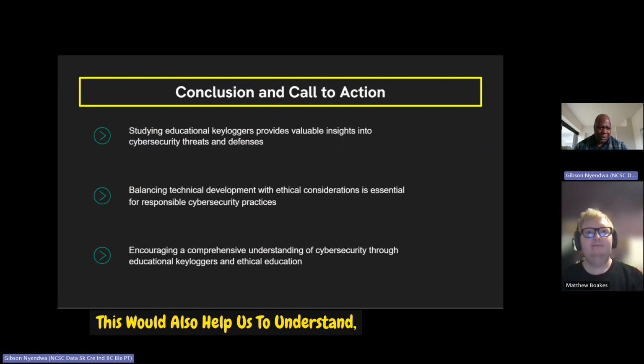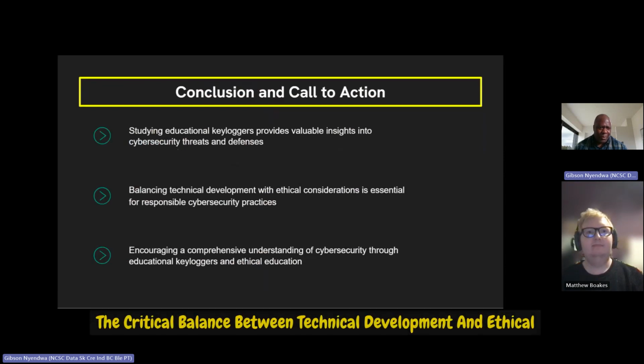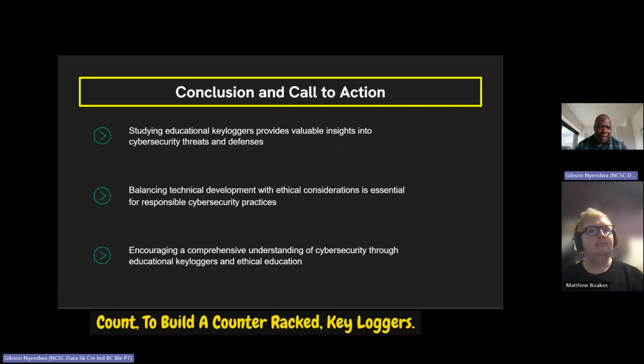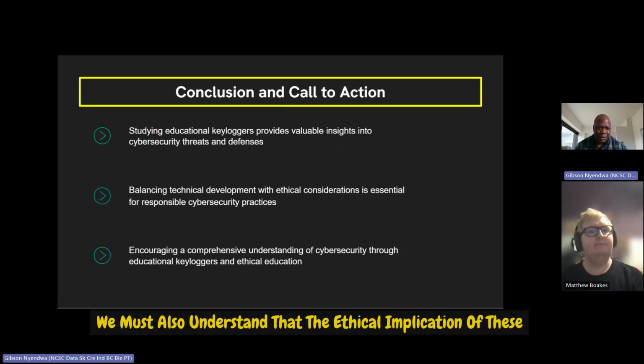This would also help us to understand the critical balance between technical development and ethical consideration. It's not enough to simply know how to build or counteract keyloggers. We must also understand the ethical implications of these actions.